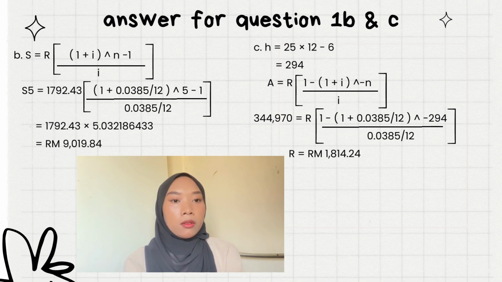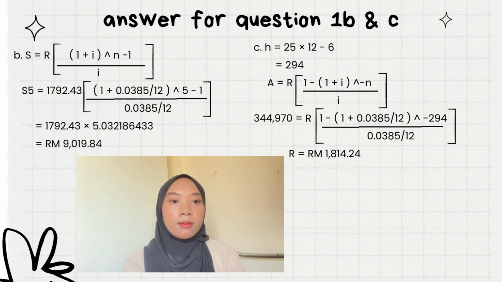So the amount in this bracket is 5.03218643, and we will multiply it by 1,792 ringgit 43 cents. So the answer, or the amount that he should pay on the fifth payment, is 9,090 ringgit 84 cents.